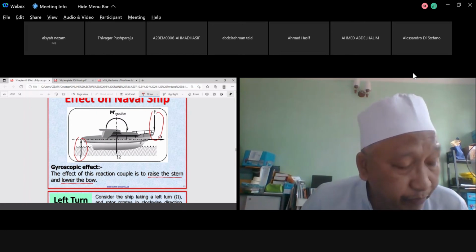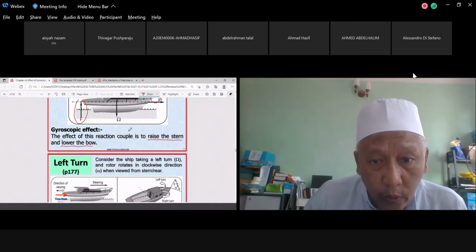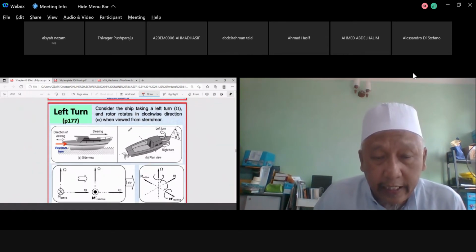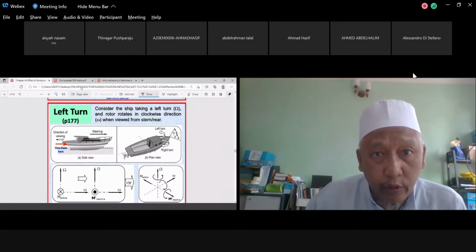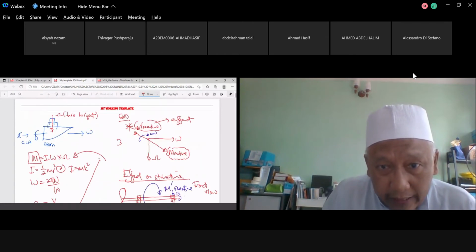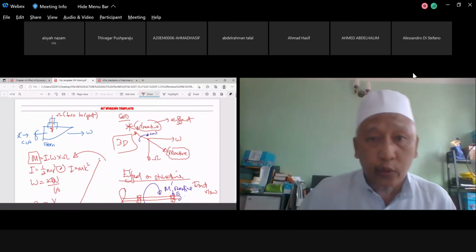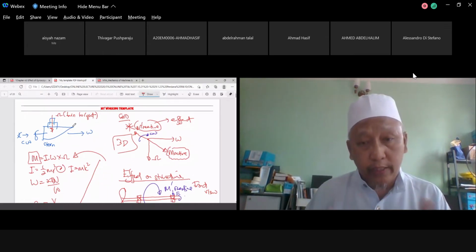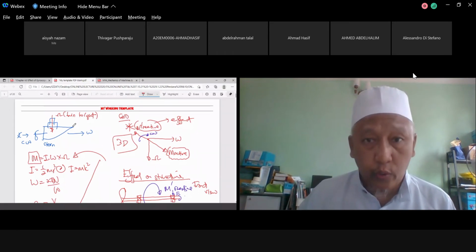We are going to look for another one. Let's assume that the ship now makes a left turn. I'm not going to go in detail again on constructing this one in 3D, constructing in 2D. I think at this point we already know the difference between 2D and 3D. So you pick one, whether you want to draw 2D or 3D, whichever you feel is convenient.